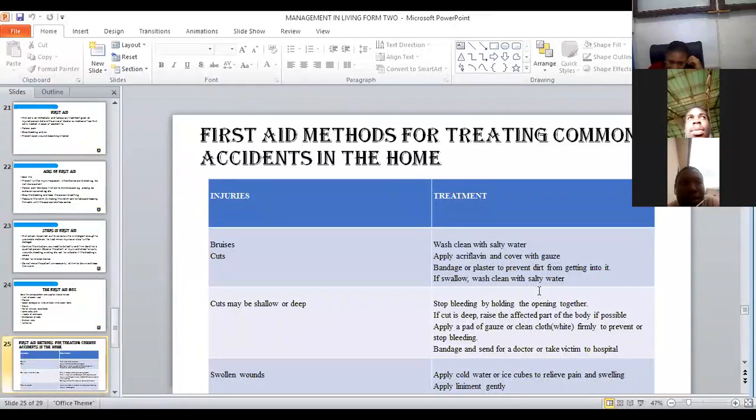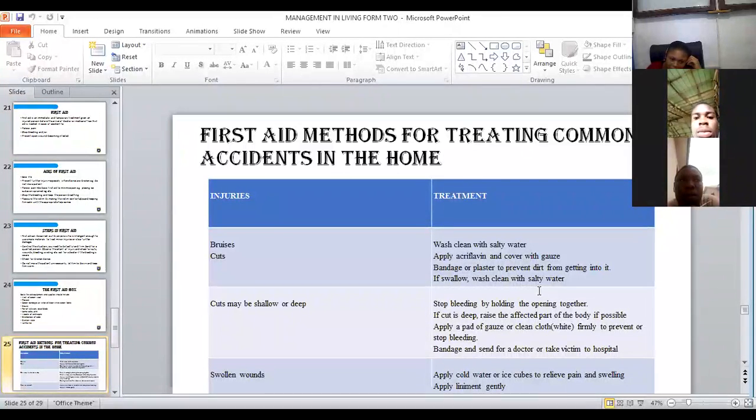Then clean the wound by using a methylated spirit to clean the opening to avoid further infection. Now you can also use salty water to wash the wound. In a case where you don't have the spirit, you can use salty water to wash it.